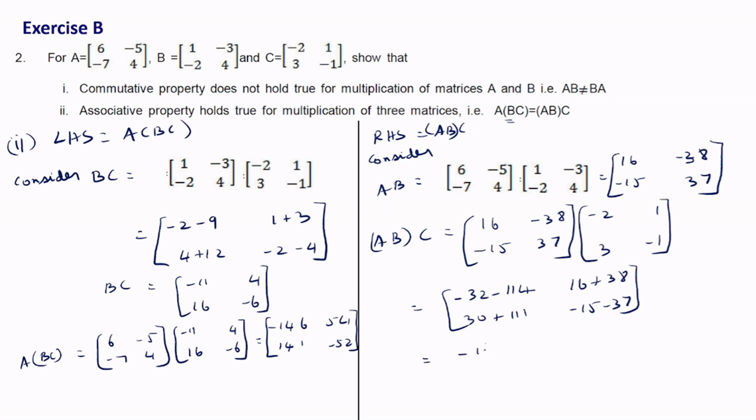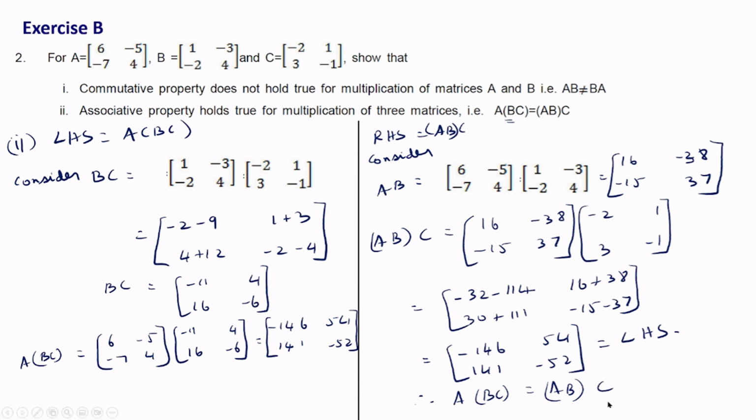So this is minus 146, 54, 141 and minus 52. So this is equal to the left hand side. Therefore, associative property holds true for multiplication of matrices. That is, A into BC is equal to AB into C.